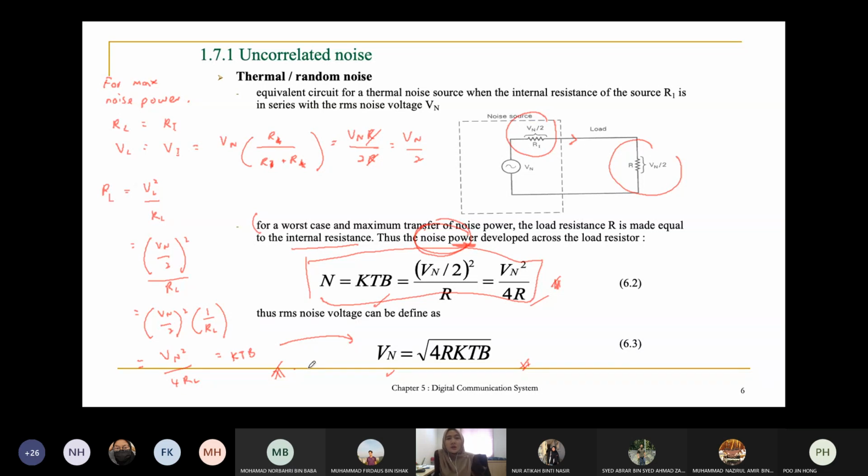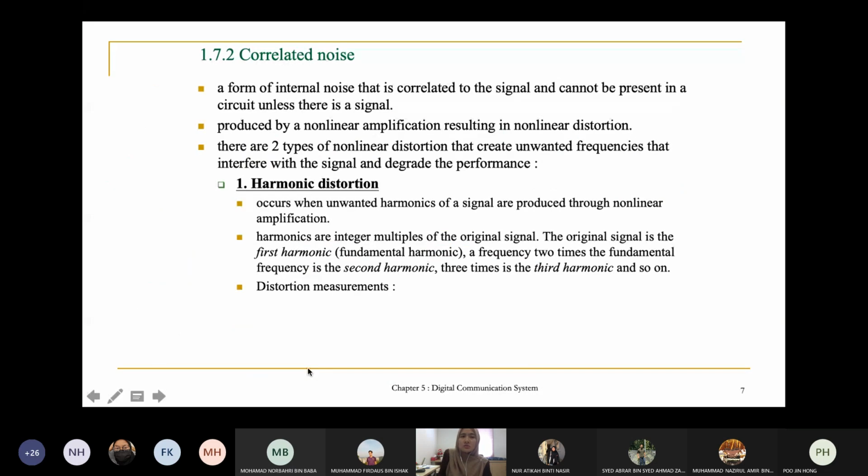So this is the uncorrelated noise. Now let's look into correlated noise. Correlated noise is a form of internal noise that is correlated to the signal, and cannot be present in a circuit unless there is a signal. You must have an input signal, then only will you have the correlated noise.